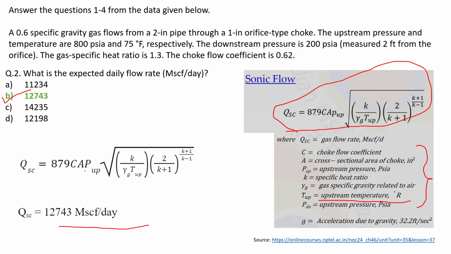The cross-sectional area of the choke you have to find; as it is a 1-inch orifice type choke, from that you will find the area. C is the choke flow coefficient, which is given as 0.62. Putting these values, you can find the expected daily flow rate.